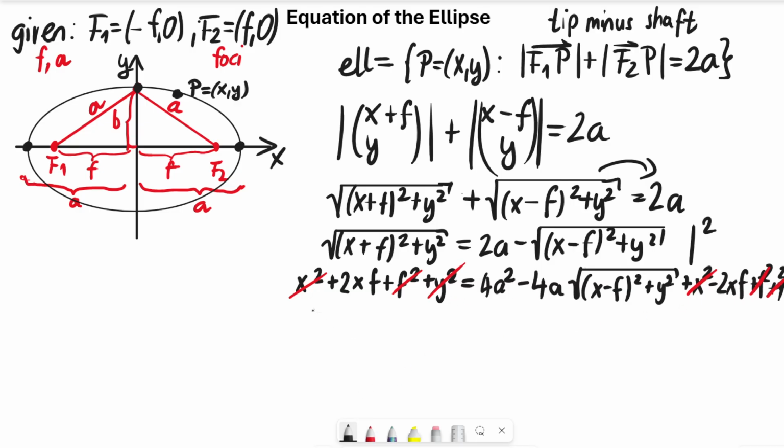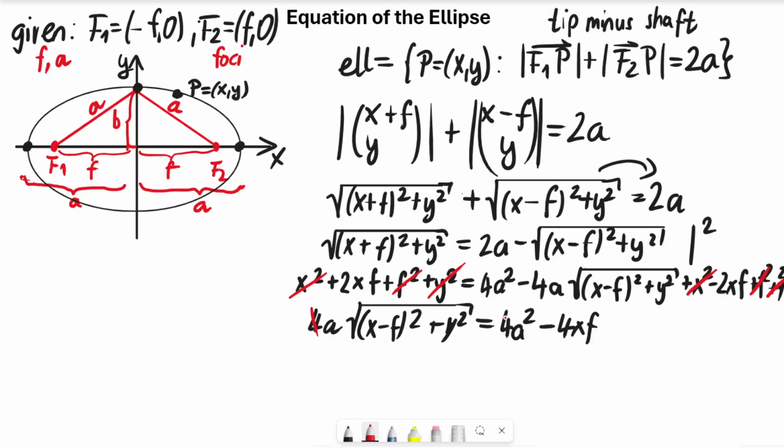And what remains is just, if you shift the 4a root expression to the left side, 4a square root of the root expression, and this should be equal to 4a squared from above minus 4xf if you put this to the right side. And now you see there is the number 4 which is cancelling out, and square it again to get rid of the square root.